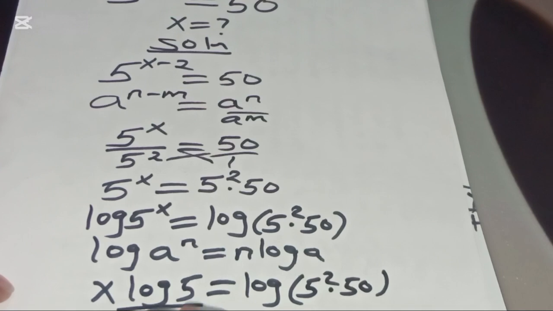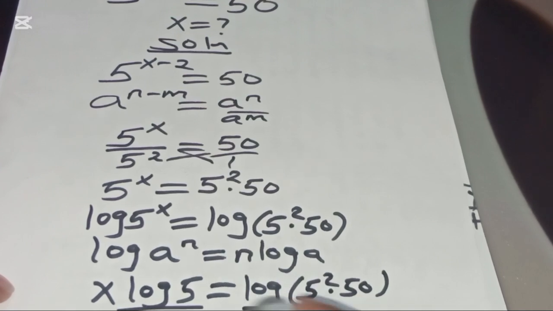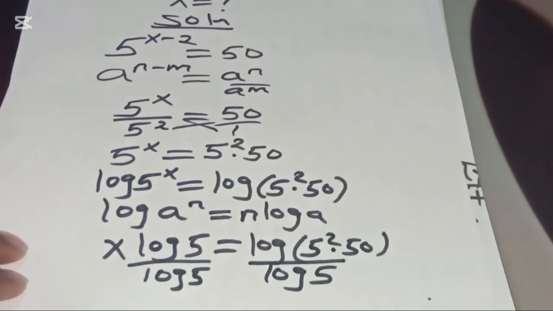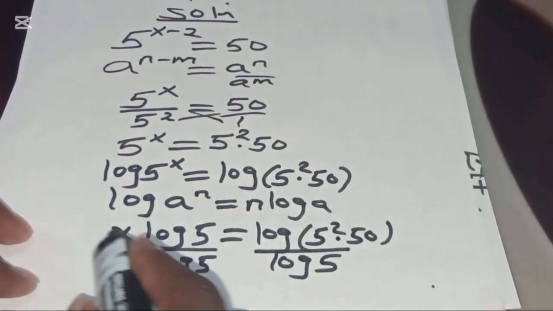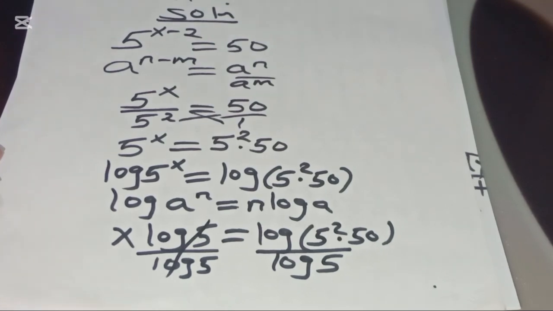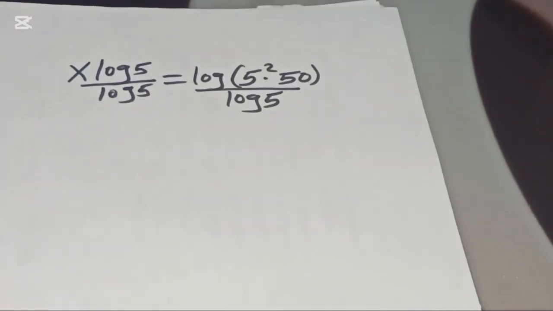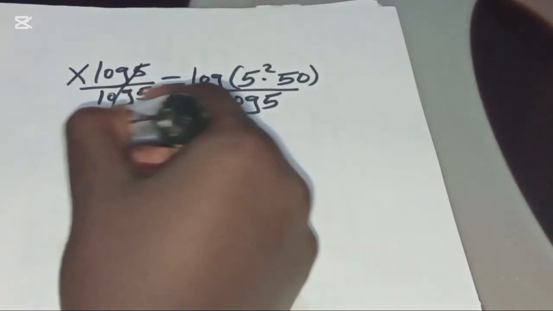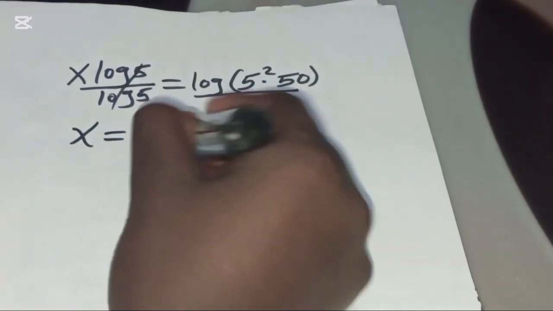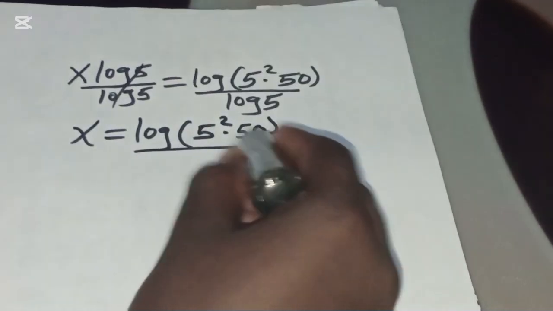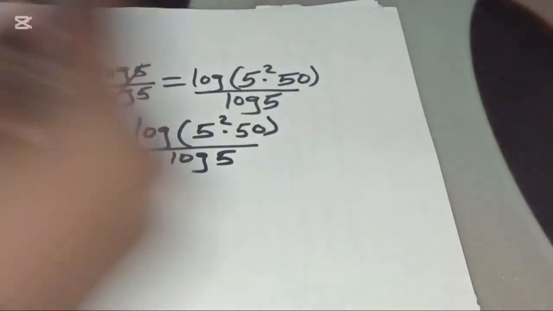We divide both sides by log 5. Now, to determine the value of x, we simplify. Log 5 and log 5 cancel, so that x is equal to log of 5 to power 2 multiplied by 50, divided by log 5.